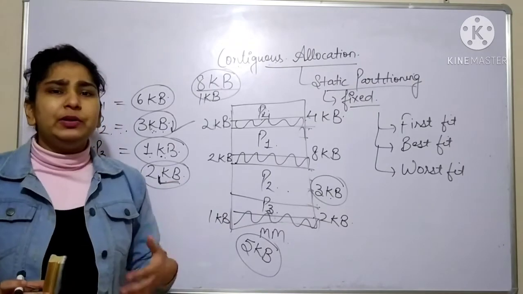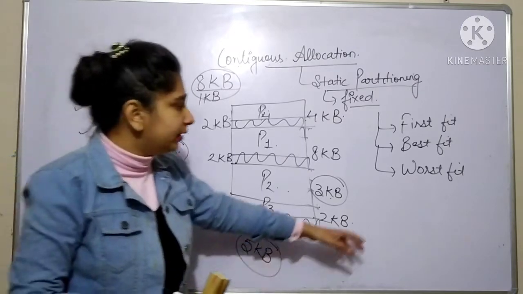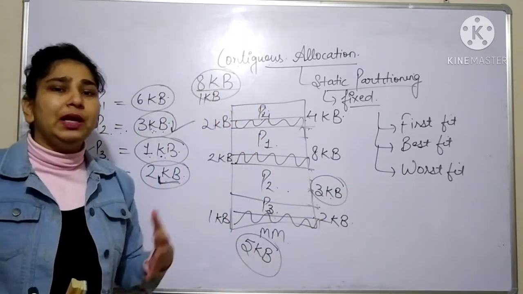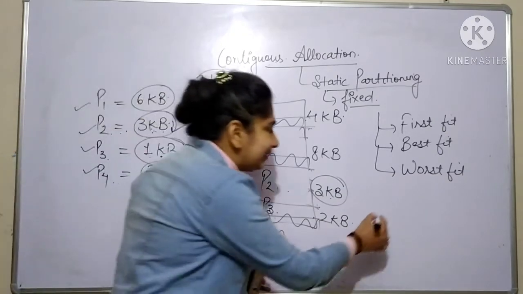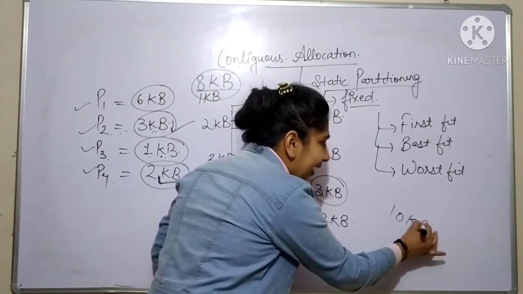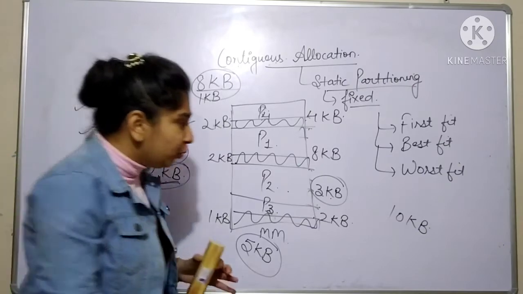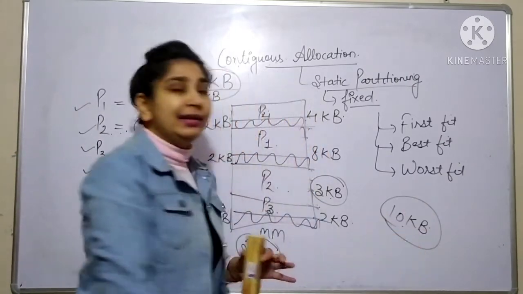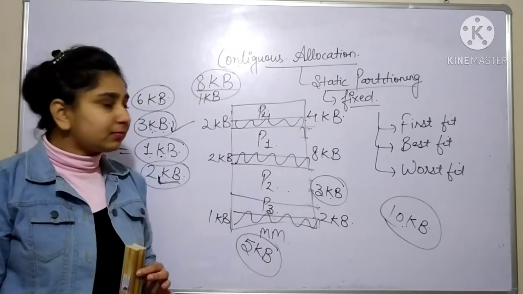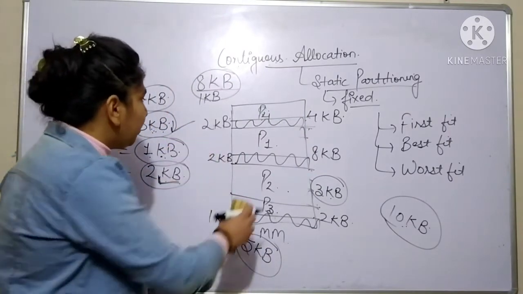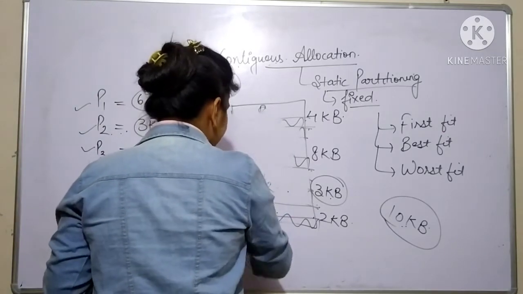You don't want to reduce the wastage of space, you intentionally want your main memory space to be wasted. If you have a 10 kb partition and you have to store a 1 kb process, you will intentionally store that 1 kb process in your 10 kb partition. So let me show you how the worst fit algorithm is going to work in this case.